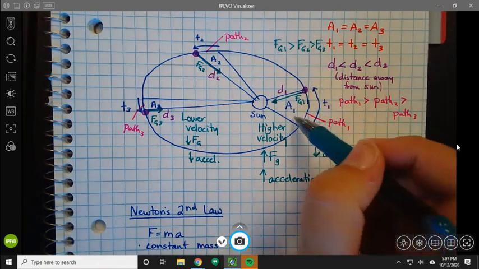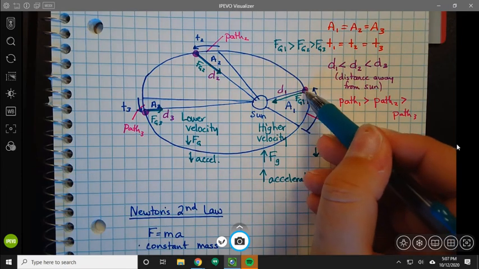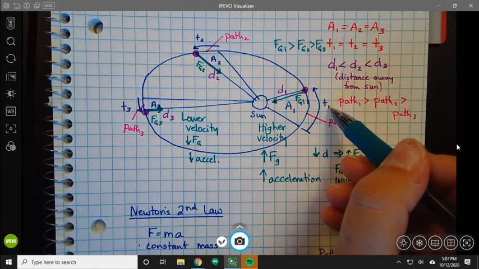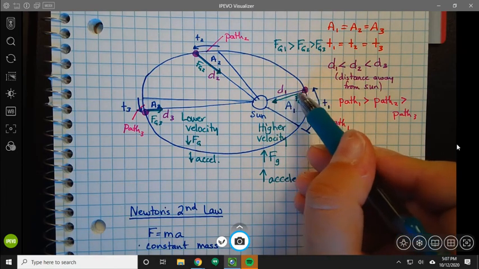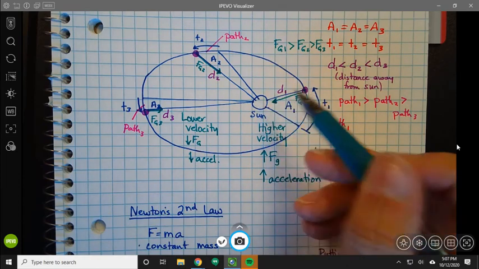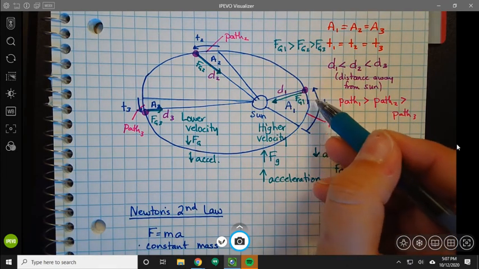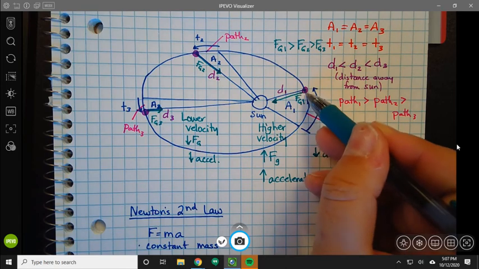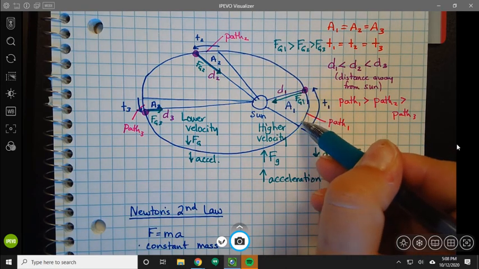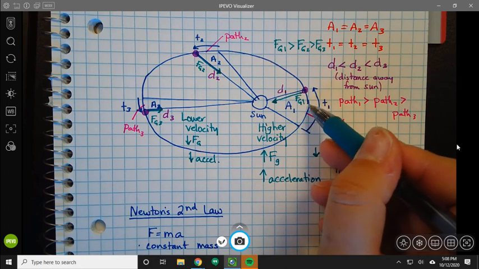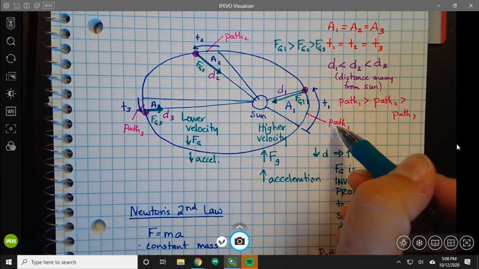So we're saying that this is T1, and the planet is D1, this distance away from the sun. In this amount of time, T1, this line right here is path 1.